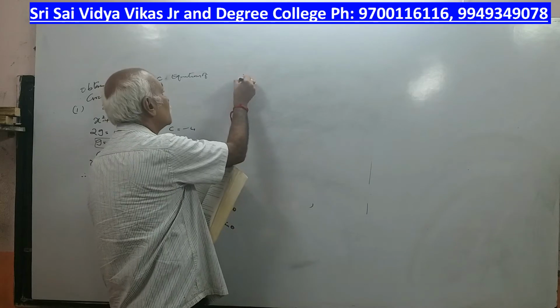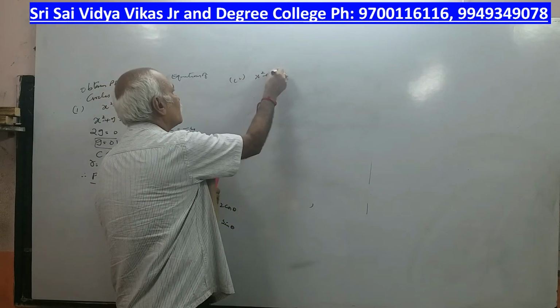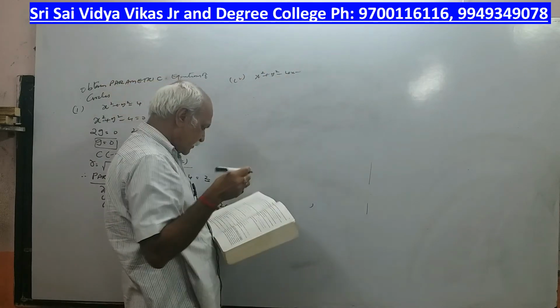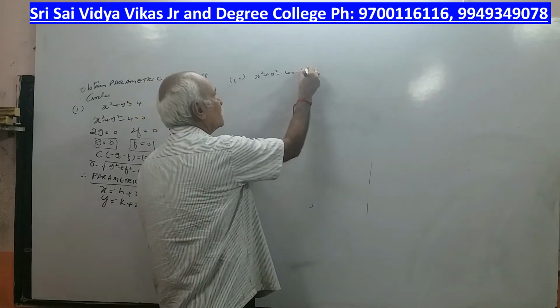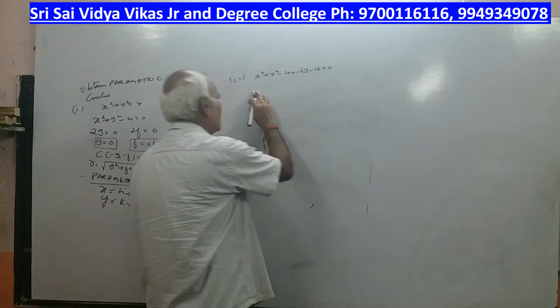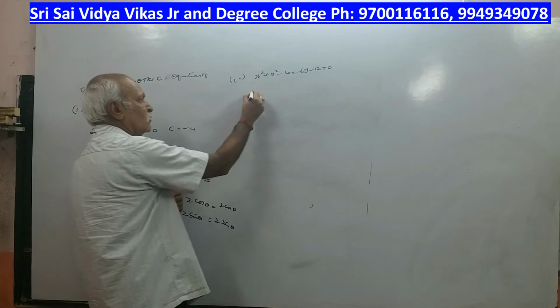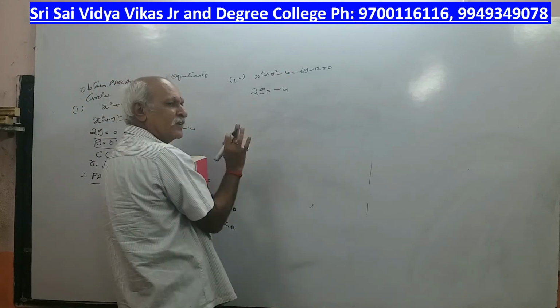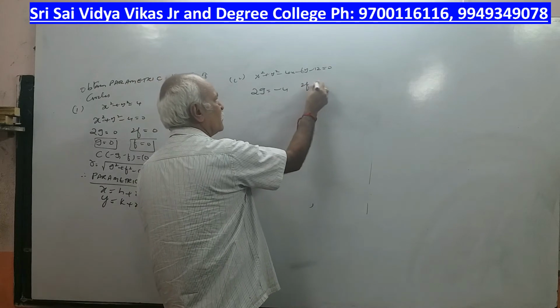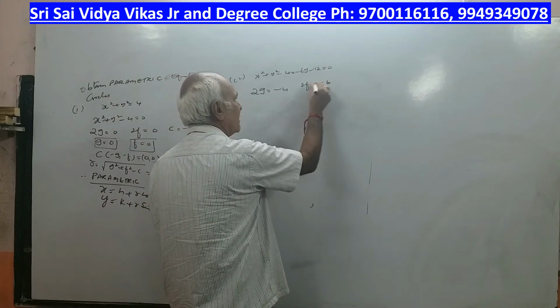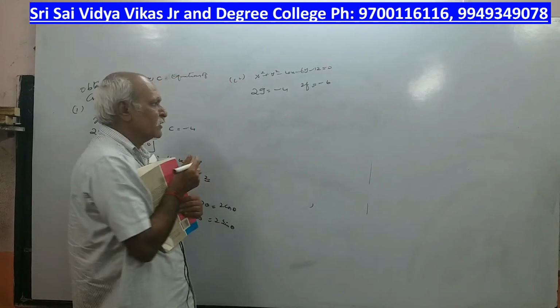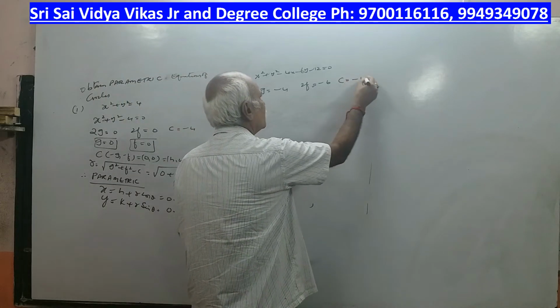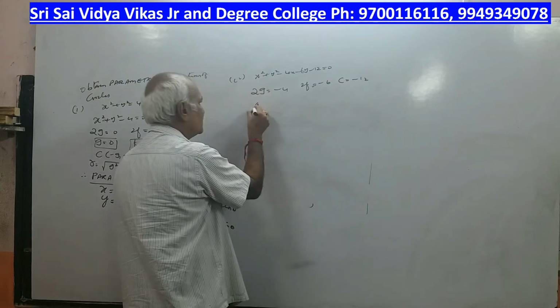Second one: x square plus y square minus 4x minus 6y minus 12 is equal to 0. Again 2g is equal to minus 4. 2g means always the x coefficient. 2f means the y coefficient. We have to always take the y coefficient. And c is equal to minus 12. So what is the g value?